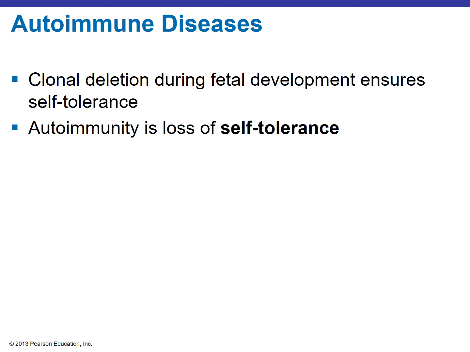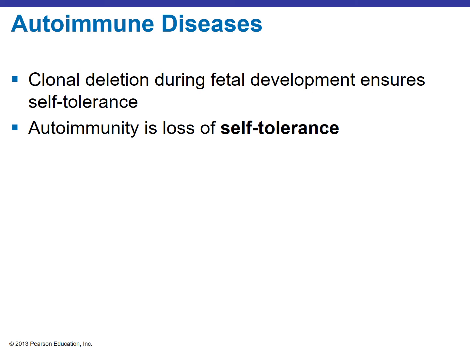So antibodies or sensitized T cells could attack the person's own tissue. Autoimmune reactions or autoimmune diseases can be cytotoxic, they can be immune complex, or they could be cell mediated.